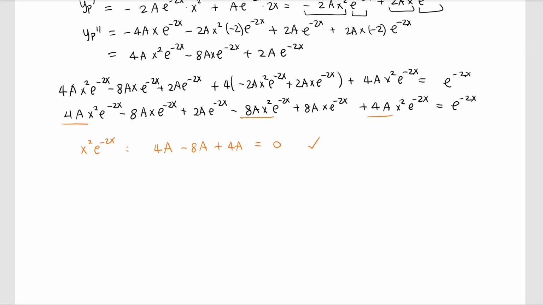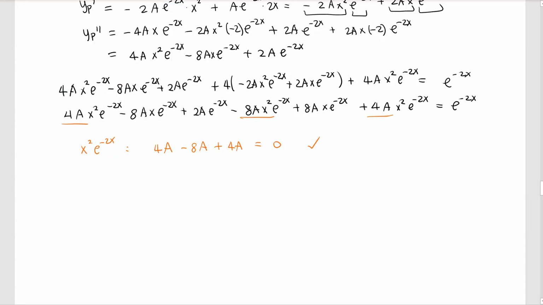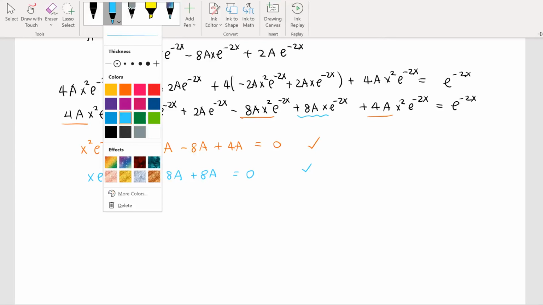Okay, so how about the next term? Let me use another color for that. x e to the negative 2x. So that is this guy and this guy. And then on the right hand side we have 0. And this is always true, right? It makes sense because we only have one constant, a, so we only need one equation to solve.